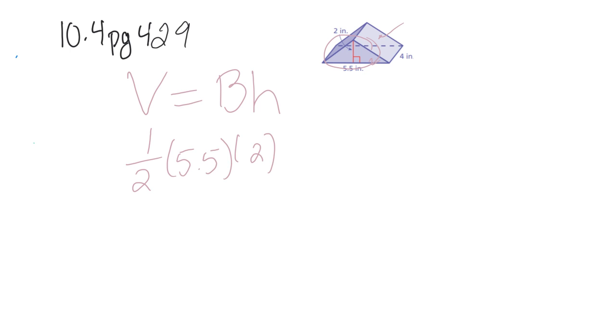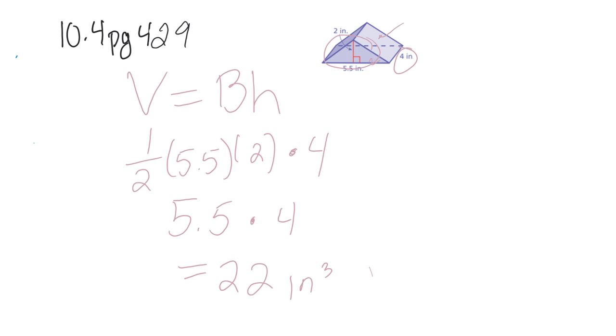And now we're going to multiply that by the height, which is 4. So we end up with 5.5 times 4, which is going to give us 22 inches cubed.